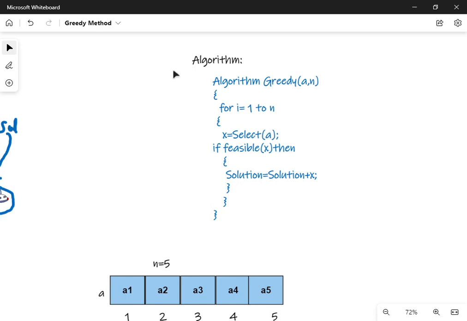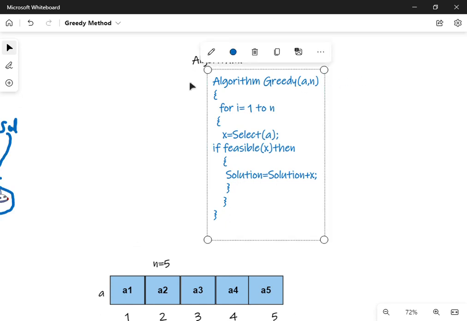So what does its general algorithm say? Let me start with the structure. So in this method, here A is a problem and n is the size, the number of inputs. So here I am using a for loop from 1 to n.